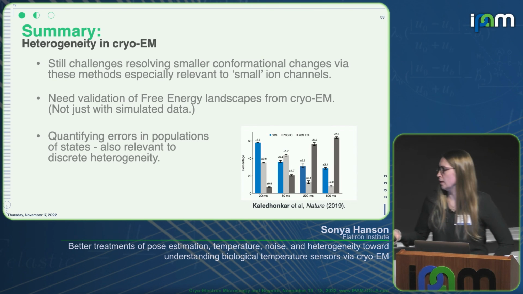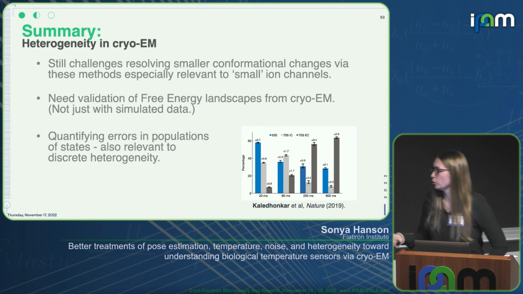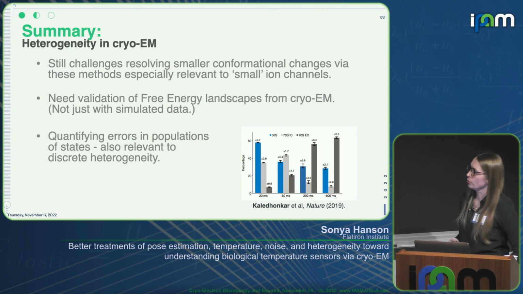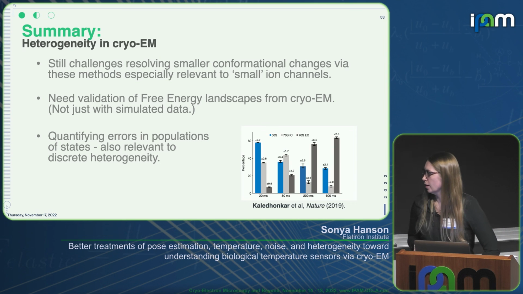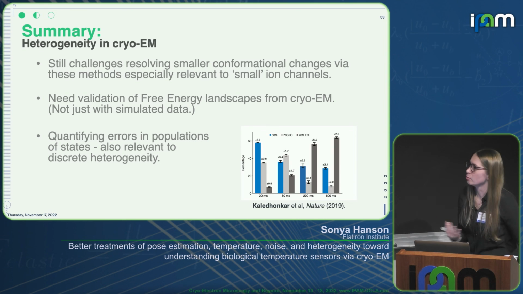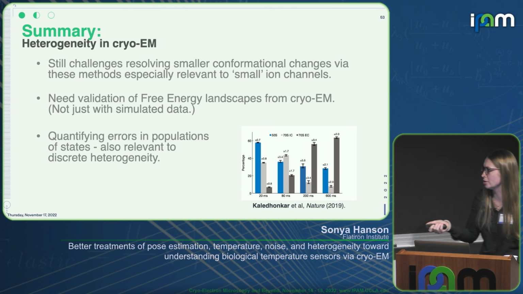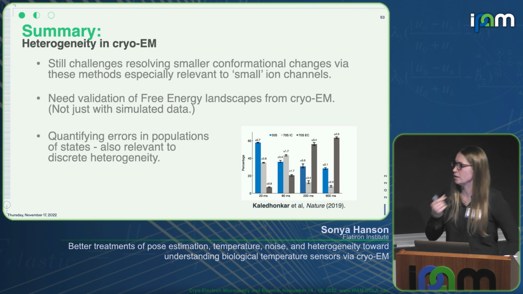For example, as Sandip Kaledhonkar was doing in this time-resolved cryo-EM, where he had to run multiple runs of RELION in order to get these populations of different states of the ribosome. And because RELION is stochastic in the number of states it assigns to different populations, it's not trivial to really do this, even in the case of discrete heterogeneity.